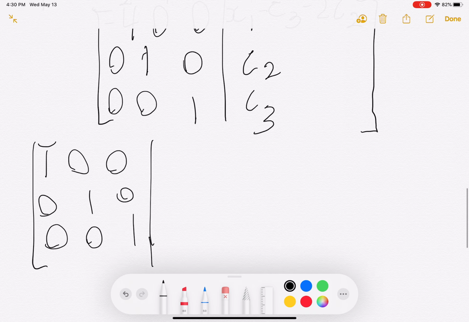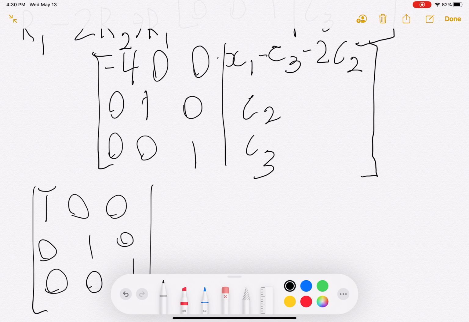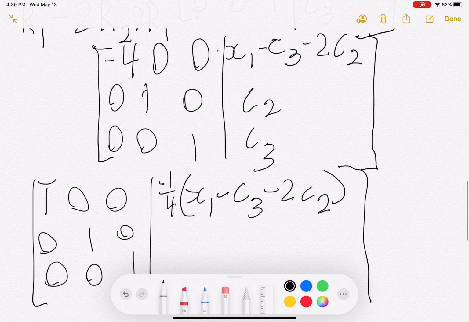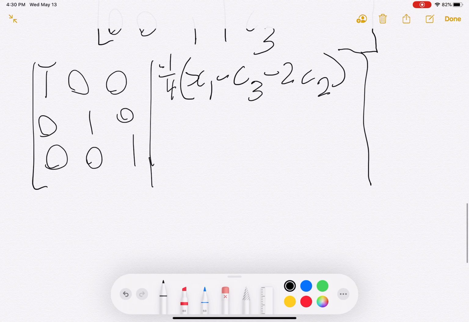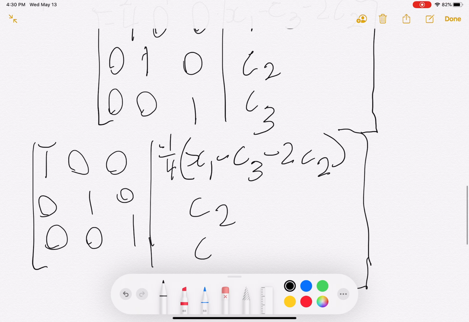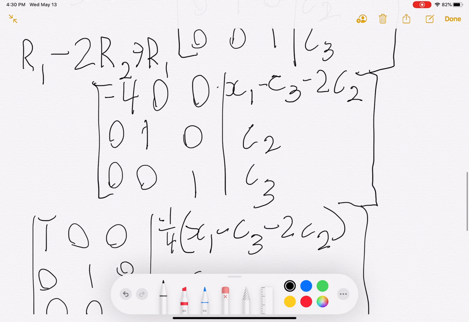So you divide both sides by -4, and you get -1/4 times x1 minus C3 minus 2C2. Okay, great. This is obviously just going to be C2 and C3. Okay, great.